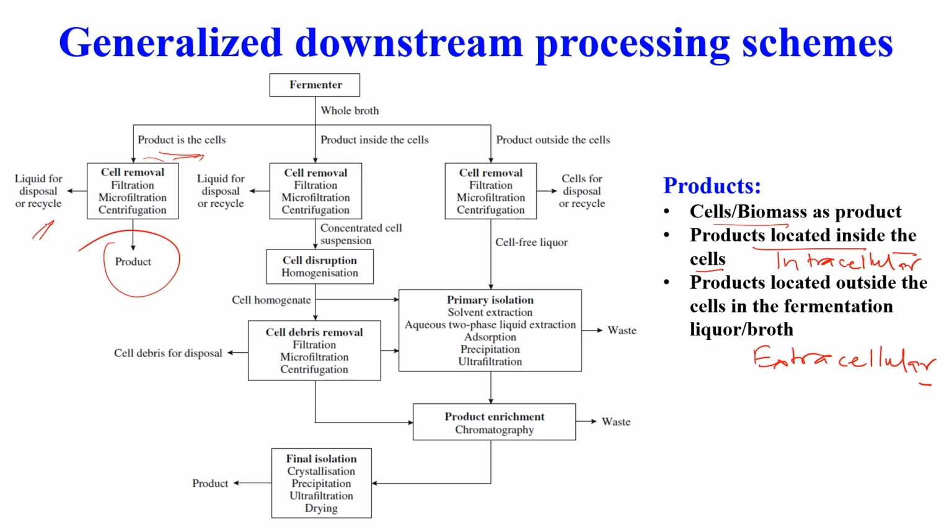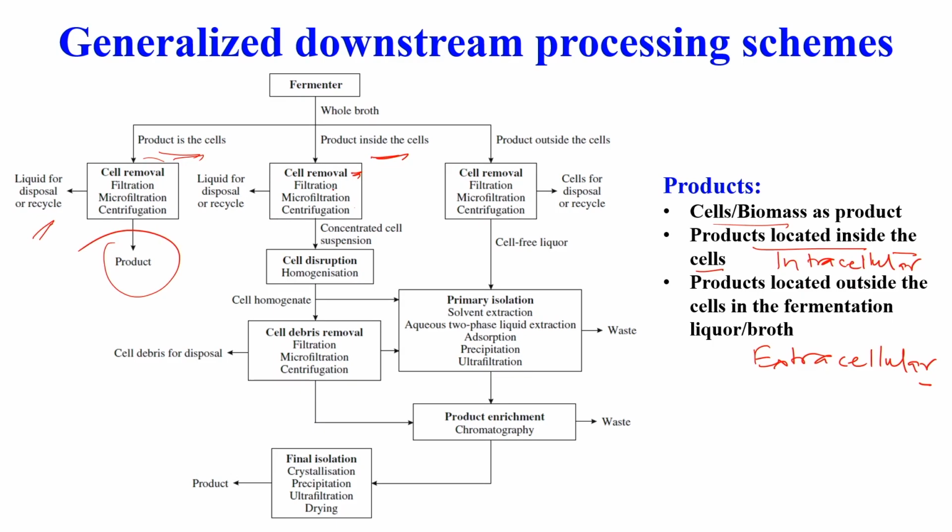In that case, whatever liquid is there, you need to dispose or recycle. Second case is you are having intracellular product. So, what you have to do? You have to go for the cell removal. There are various ways to go for cell removal: filtration, microfiltration or centrifugation.